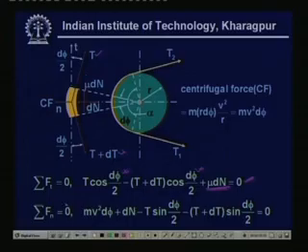And the second one, the summation of normal force should be equal to 0. So, the centrifugal force m v square d phi, as we have computed, plus dn, the normal force acting in the same direction, minus T sin d phi by 2, and also minus T plus dt sin d phi by 2, equals 0.